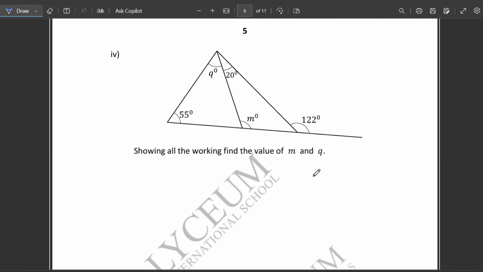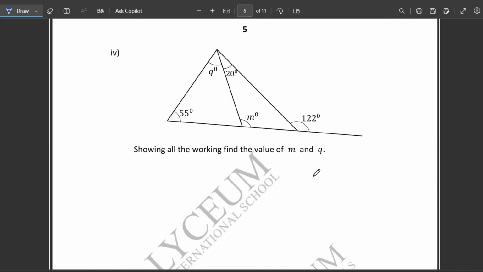Okay, in the fourth question, we have to find M and Q. So first thing, we can find this angle. We can put this angle as X. So X plus 122 equals 180.